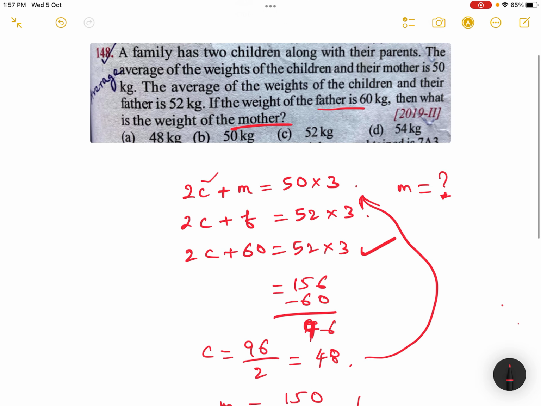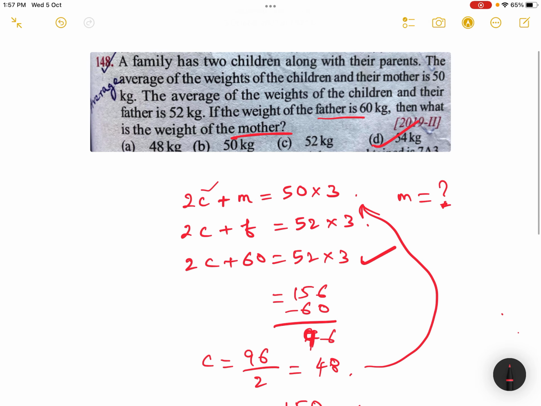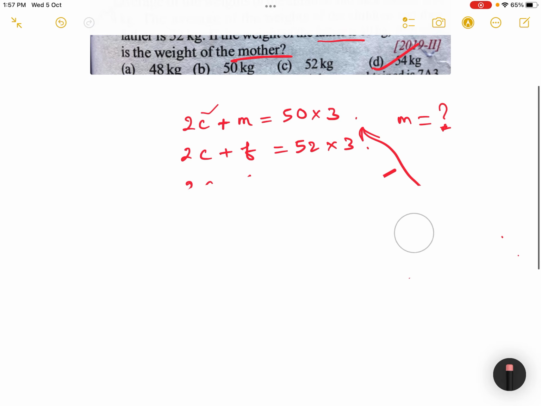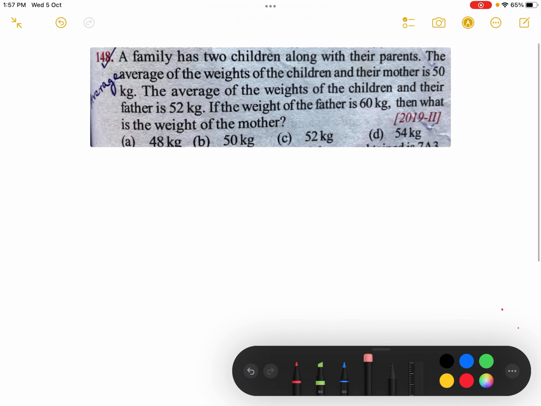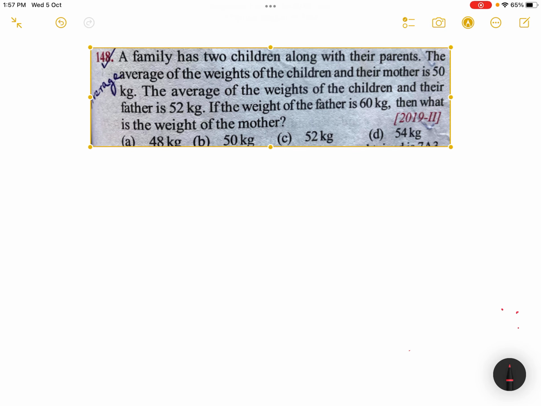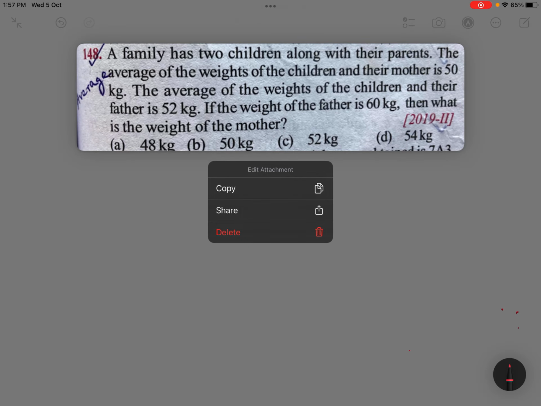So 54 kilos. 54 kilos. Some simple equations only. We'll go to the next question.